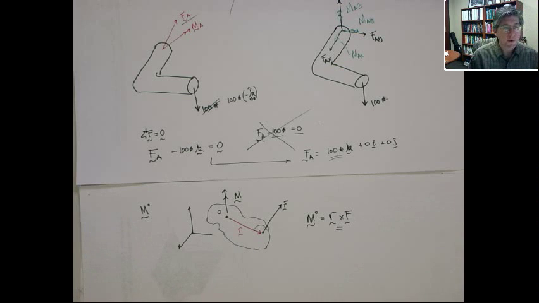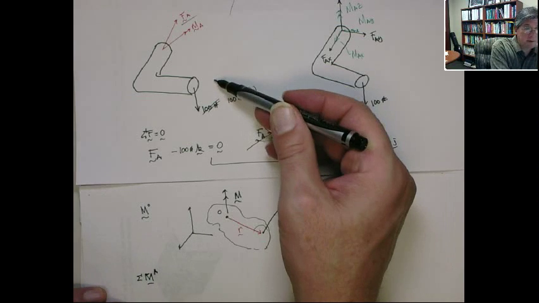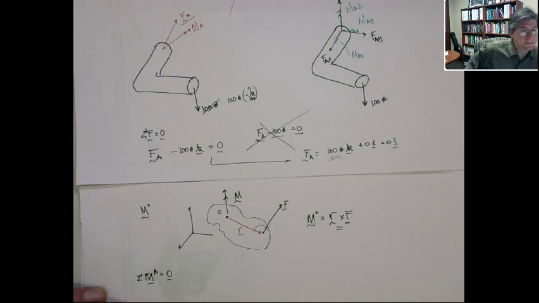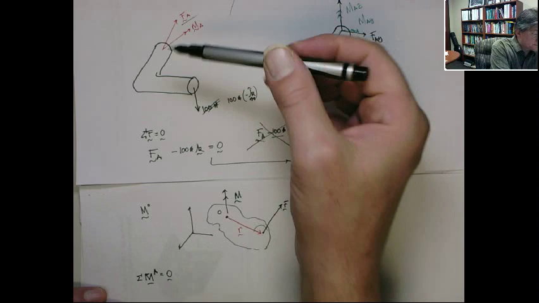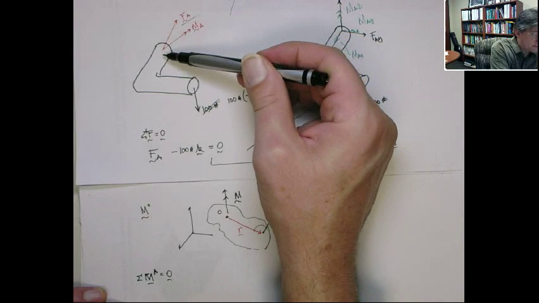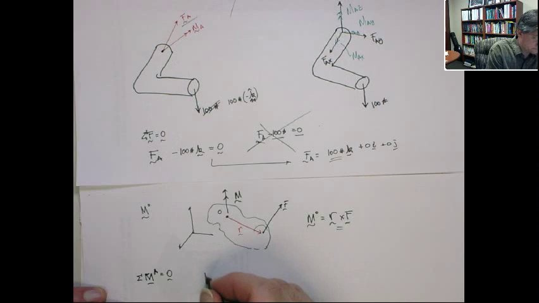With that, let's do the sum of moments about point A for this problem. The sum of moments about point A is equal to 0. So what do we have? At point A, I have the reaction moment, MA. That vector we don't know.